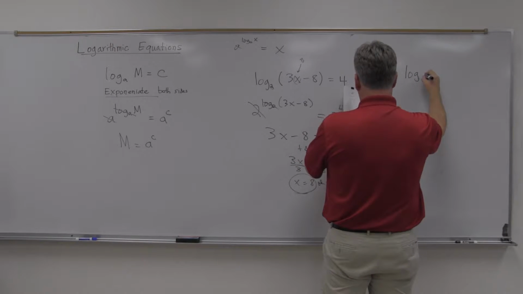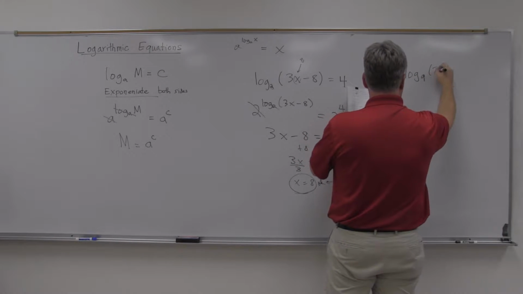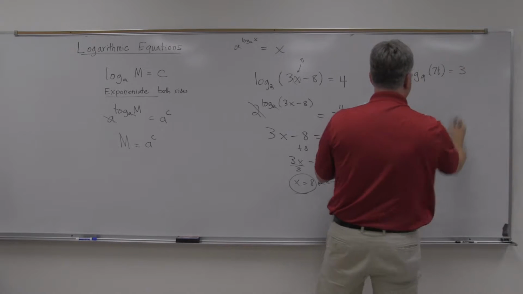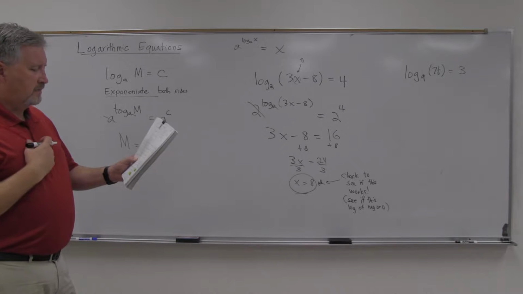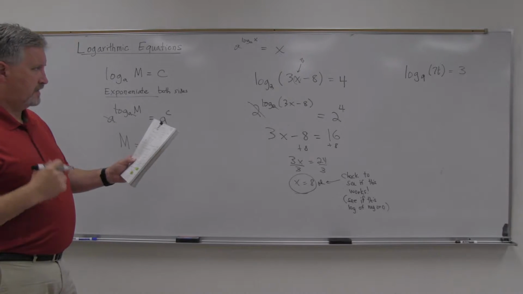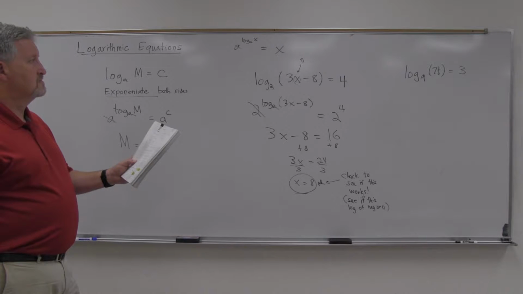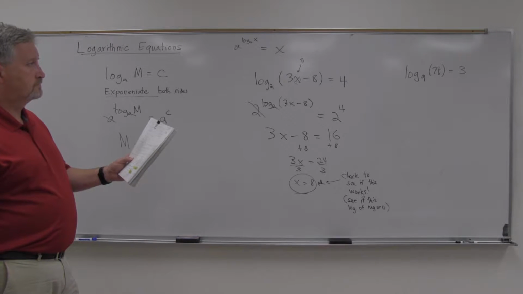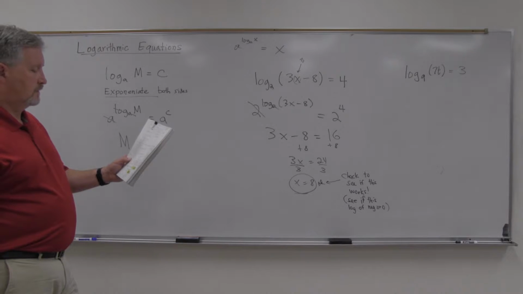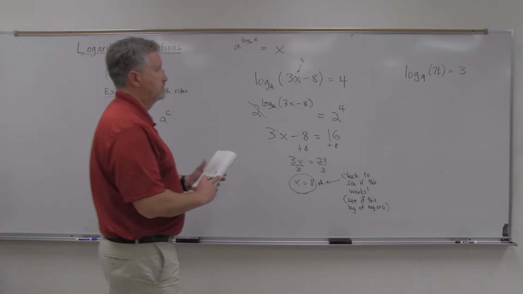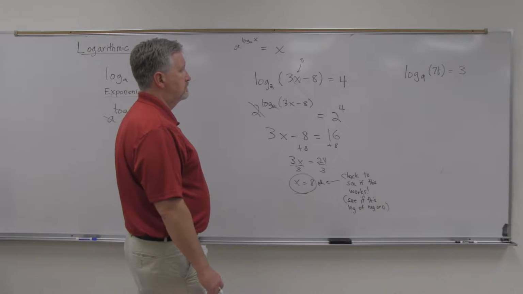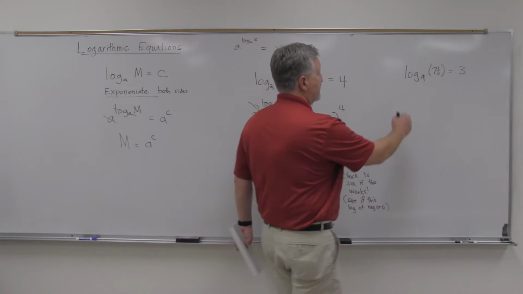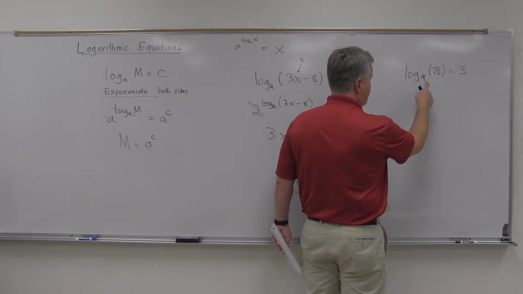One more quick one here. Log base 9 of 7t equals 3. All right, so again, we'll exponentiate both sides.